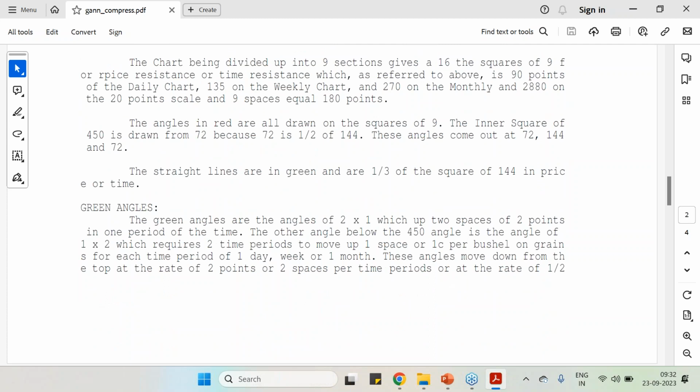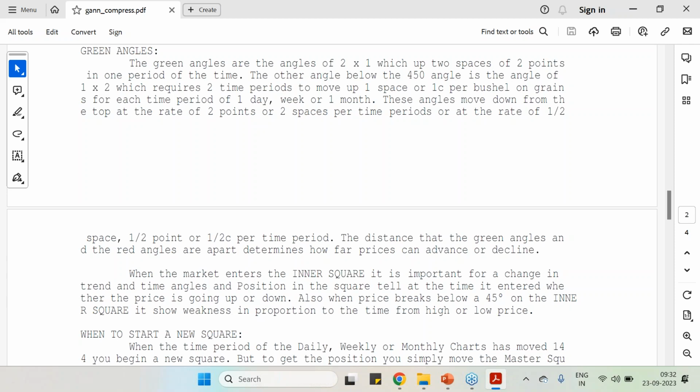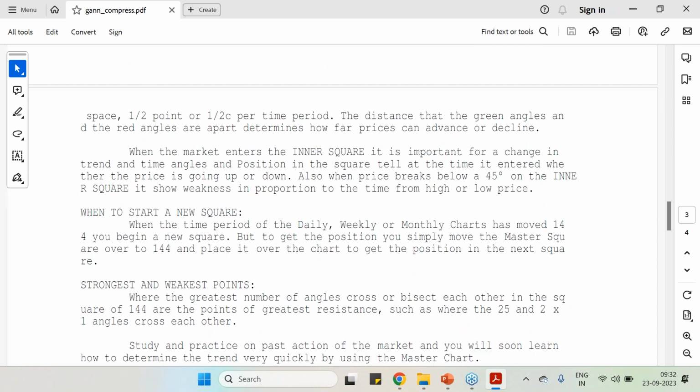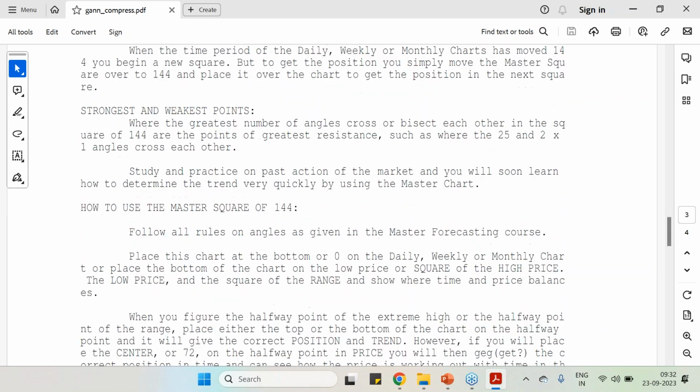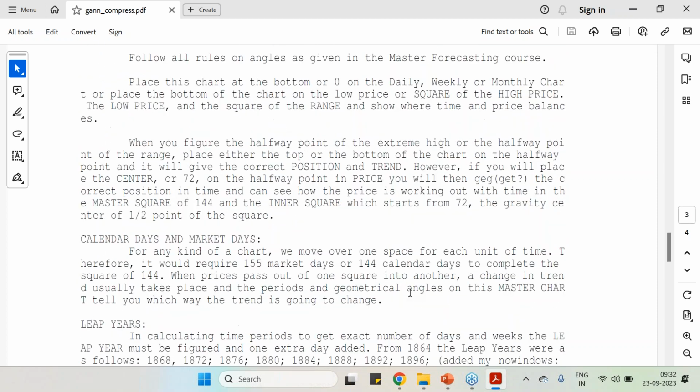And the green angle, which one is called a green angle, that concept I have also given in the complete course. Those who have the complete course can read through that: when to start a new square, what the strongest and weakest points are, many things it speaks about for the square of 144.